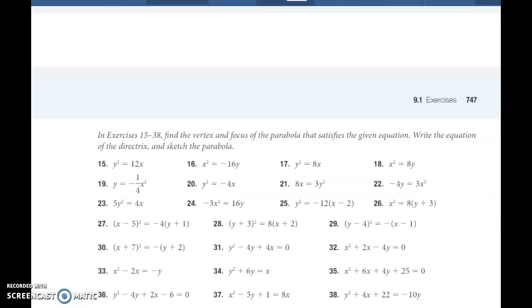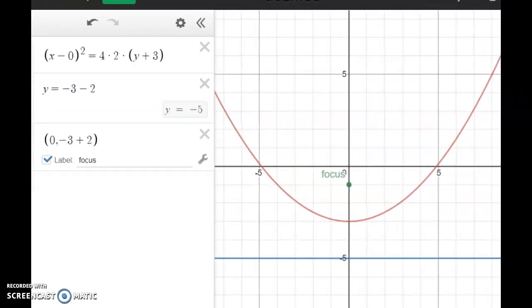I think the problem that I chose is number 26. So here it is: x squared equals 8 times y plus 3. Obviously for this one I use Desmos. You can see x squared equals 8 times y plus 3, exactly the way it is in the book.